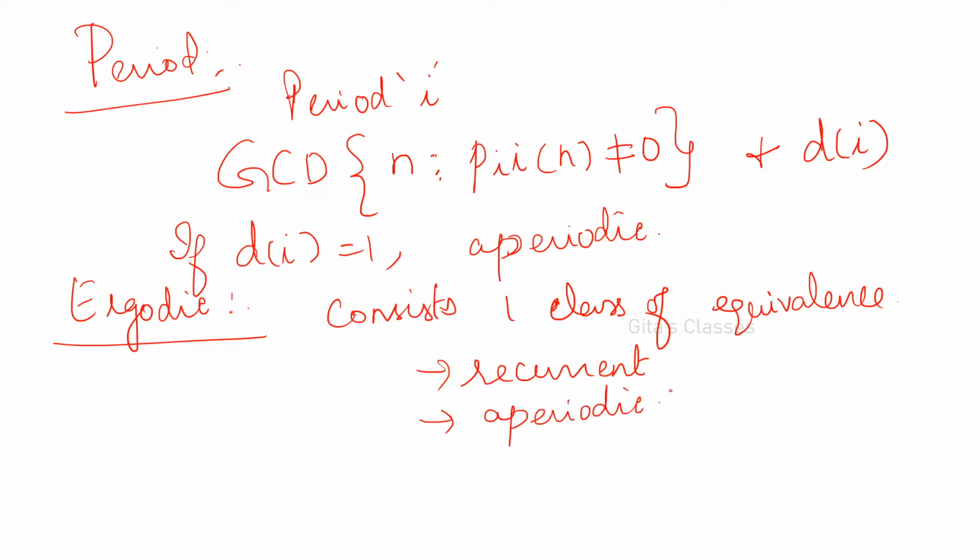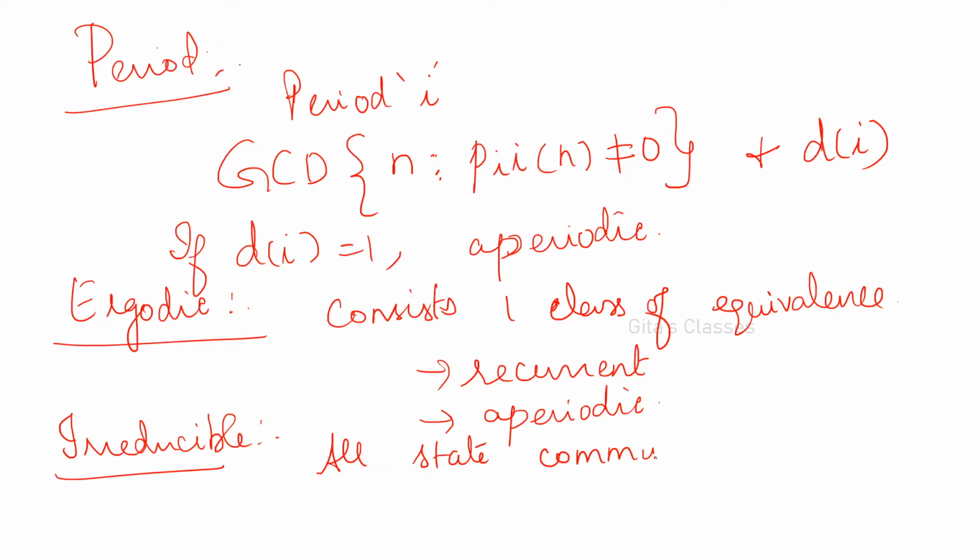Then it is said to be ergodic. And one more definition, the last one, irreducible. Irreducible means all the states communicate with each other. That is, you should be able to access every state from all the other states. Then it is said to be irreducible.